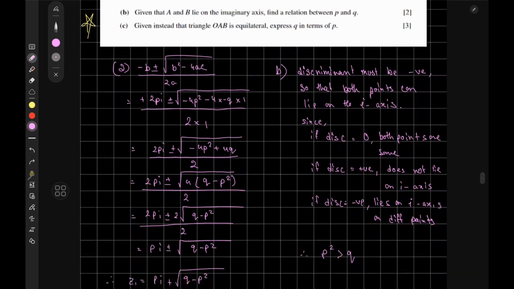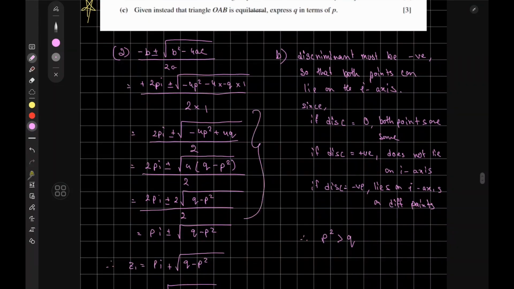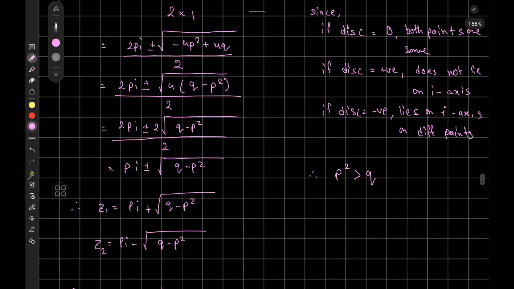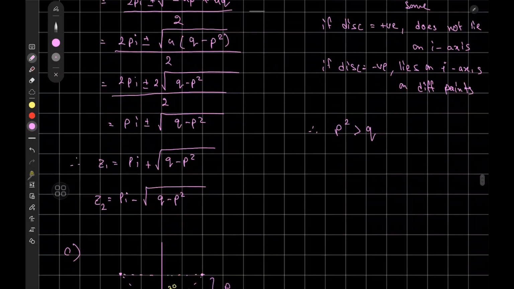After you simplify everything, you have to take 4 common over here, so that you can take the root of 4, which is 2, and the 2 comes out. Now you can take 2 common from everywhere. So you're taking 2 pi i plus minus 1 root over q minus p square by 2.